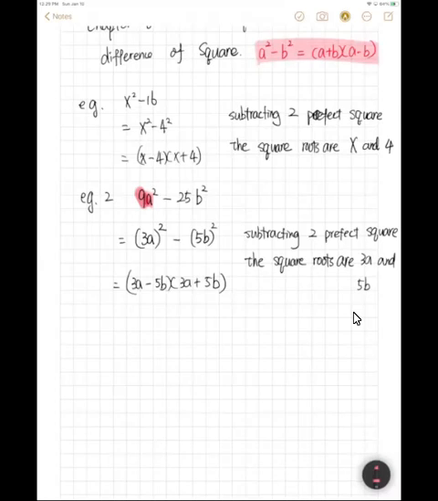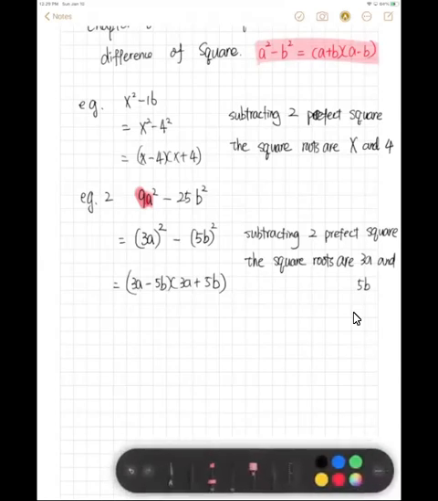Okay, so now, but really important, you should notice that when we're using this formula, it is the difference of two squares. But what if I see some sum of two squares? Does this work? Well, let's take a look.